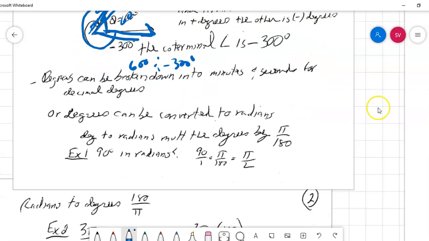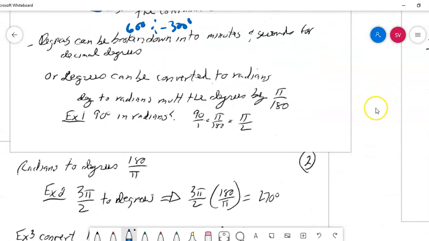All right, so if I want to convert 90 degrees into radians, the conversion factor to do that is always pi over 180. So if you put 90 over 1, 90 goes into 180 twice while 90 cancels to 1. 1 times pi is pi, 1 times 2 is 2. So 90 degrees is the same as saying pi over 2 radians.